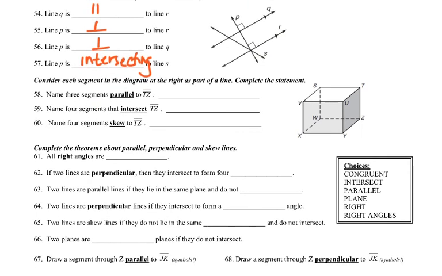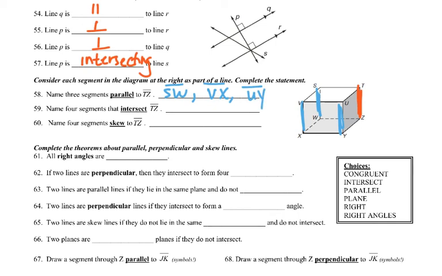When I say segments parallel to TZ, here's TZ. So if I use, let's say, a light blue, these three segments are all parallel to TZ. Notice I'm using a segment bar, and it doesn't matter the order of the letters, but those are the same ones that are parallel.